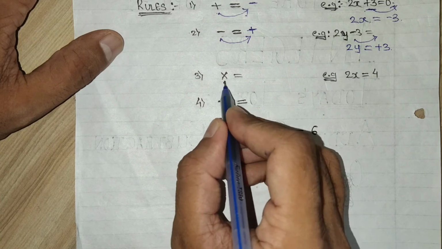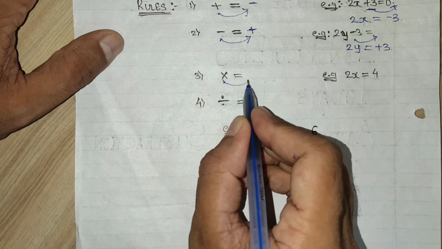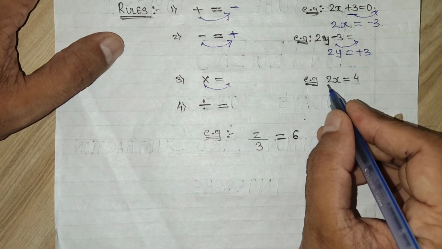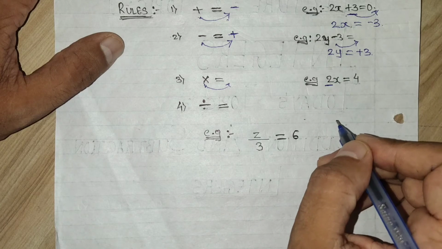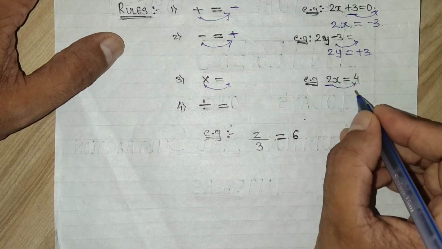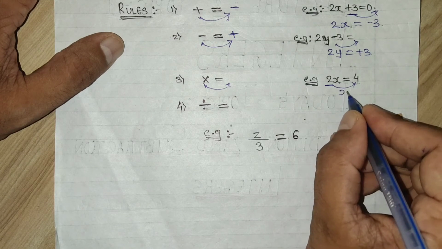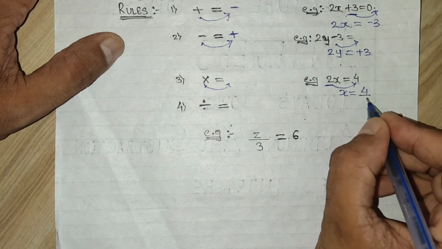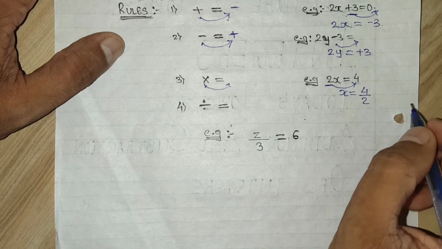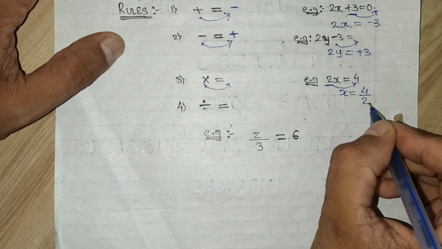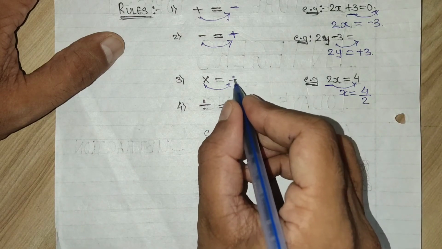If it is multiplication, if it goes that side, it will divide. Here you can see this 2 is in multiplication with x. So if I am transferring it to this side, it will go that side and divide. So here it will leave x, and it is going to divide by the 4. If it is in multiplication, it will go that side and it will divide.